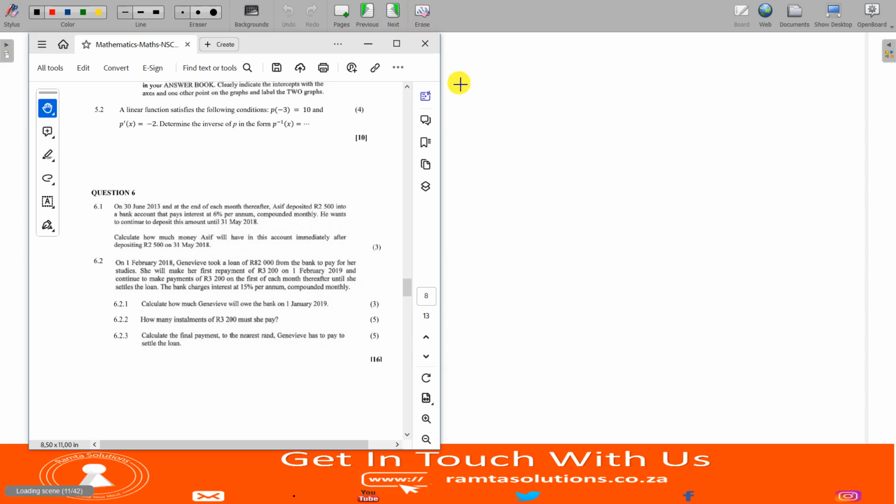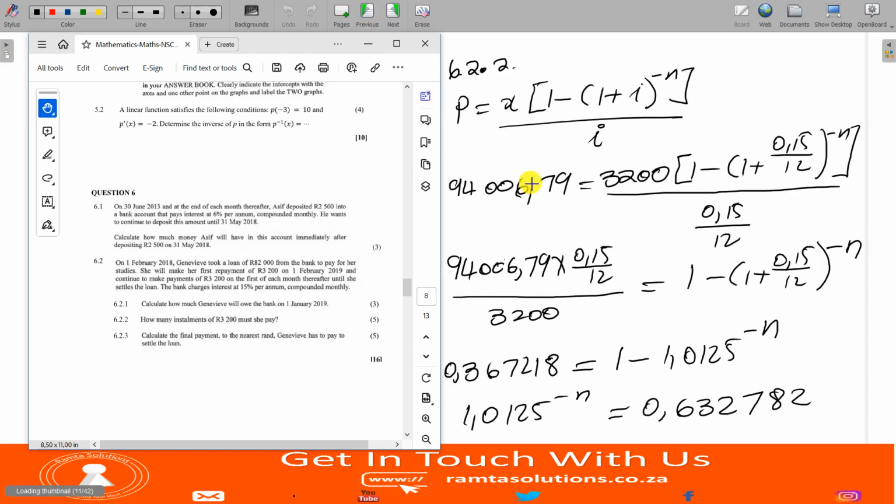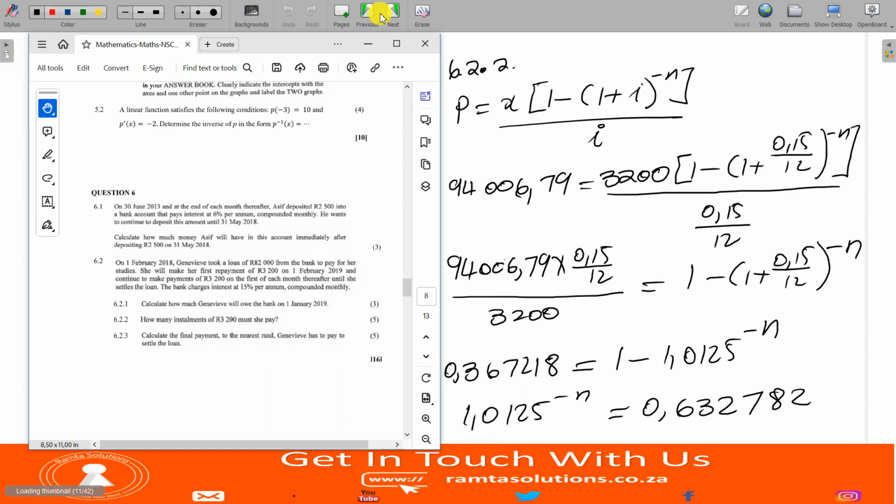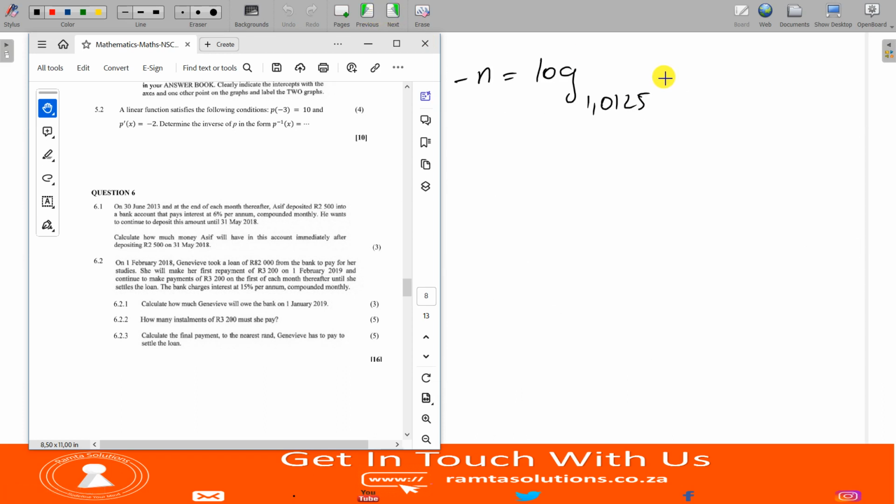Let's go. Negative n is equal to log, what is this? Let me go back. It'll be log base 1.0125 of 0.632782.